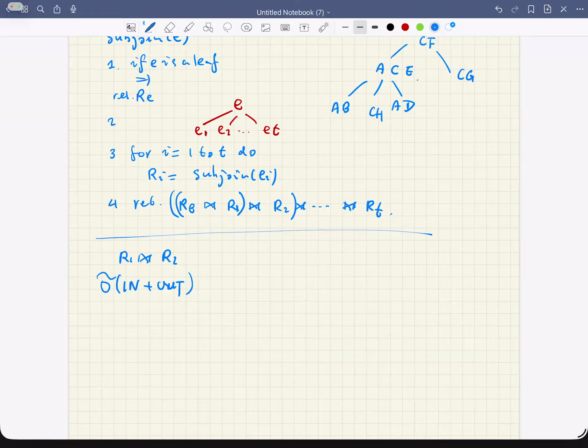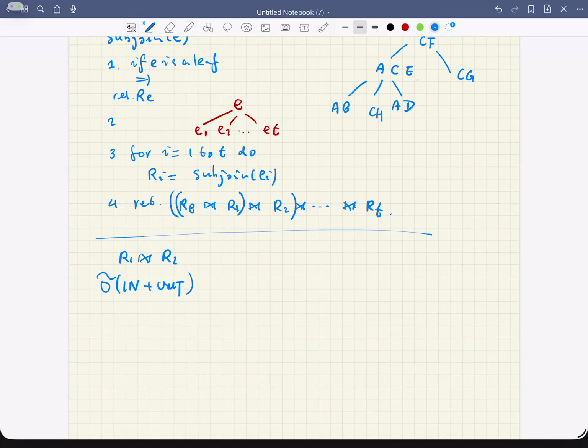But there's another way to look at it. You can look at this IN plus OUT as the total money you have to pay. This is your cost. And you can hold a view that you are going to amortize the cost over a lot of integers, so that every integer is paying something for you.